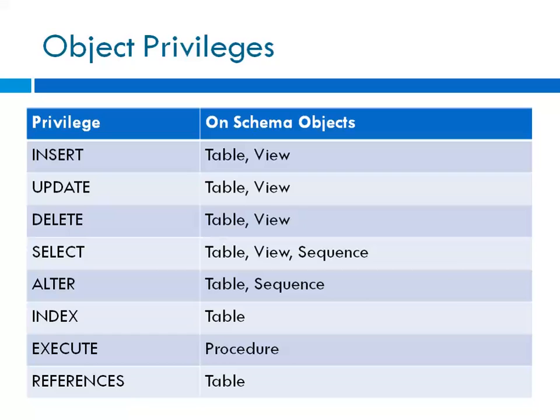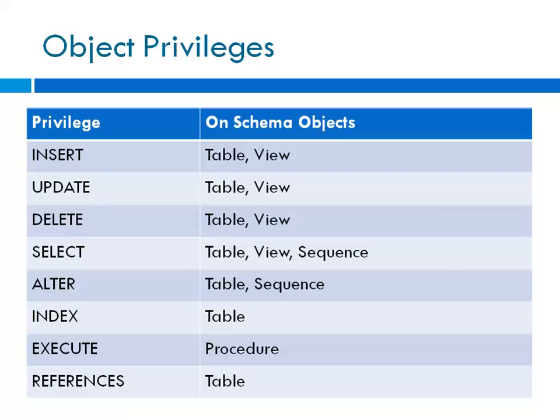So what are the object privileges? Object privileges are the privileges that work on the database objects and can be assigned to the users. Object privileges are insert, update, delete, select, alter, index and execute. Insert, update and delete work on table and view schema objects.